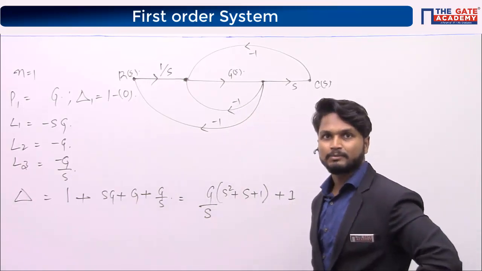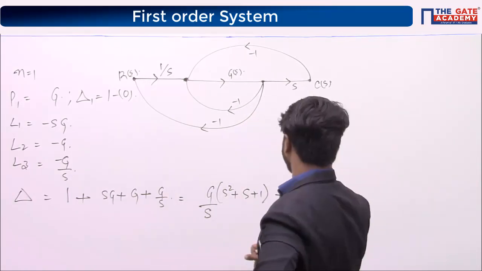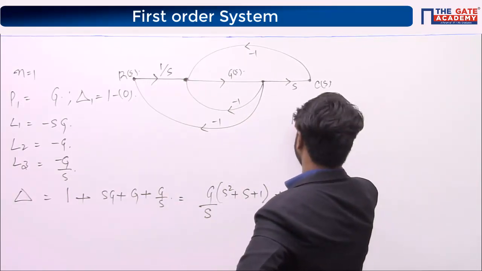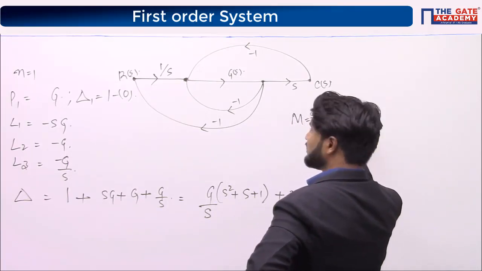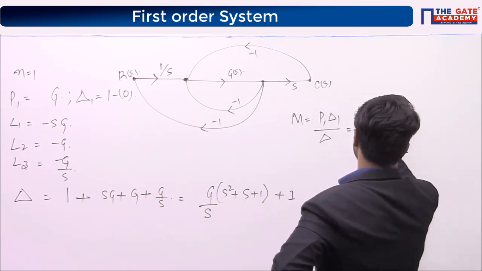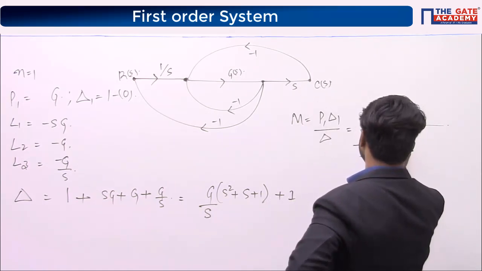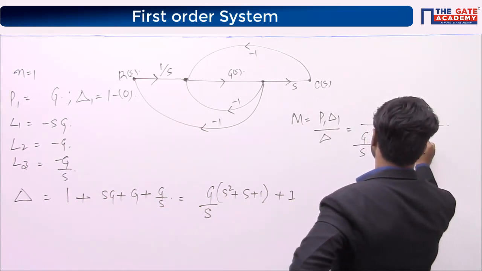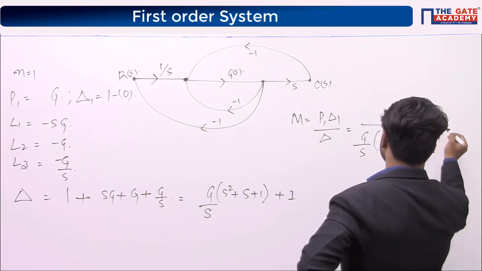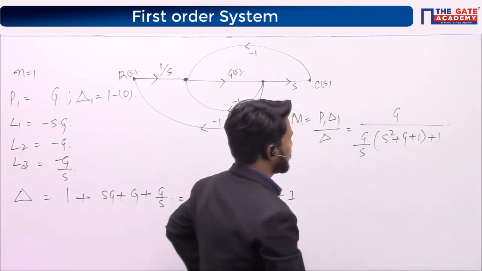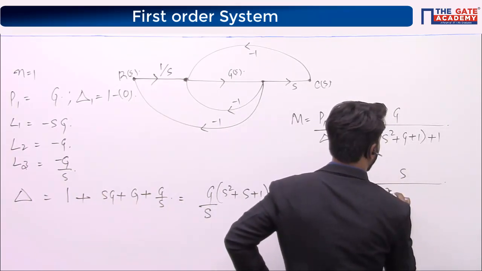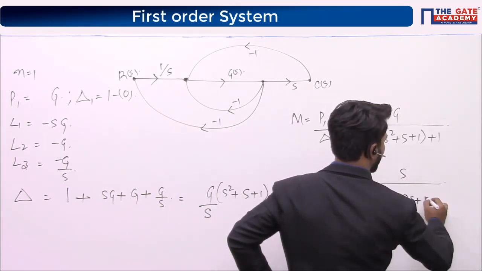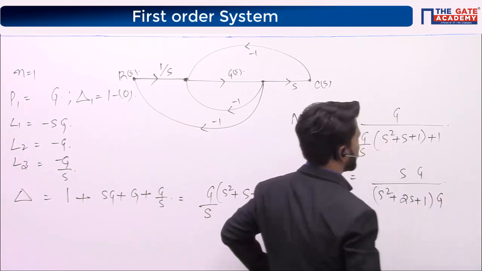So this is delta. So the overall transfer function M is equal to P1 delta 1 upon delta, that is equal to G divided by G by S into S square plus G plus 1 plus 1, right? So you will get S divided by S square plus 2S plus 1 multiplied by G.